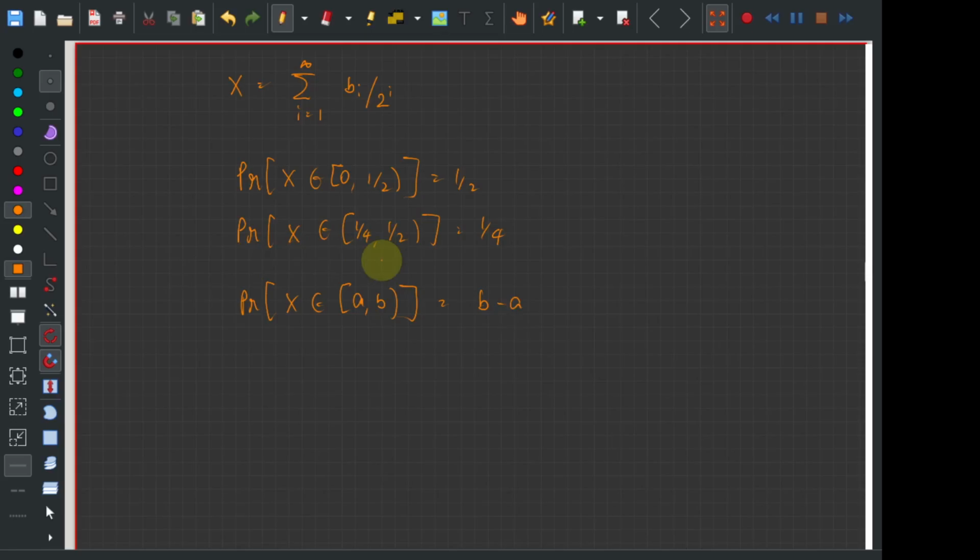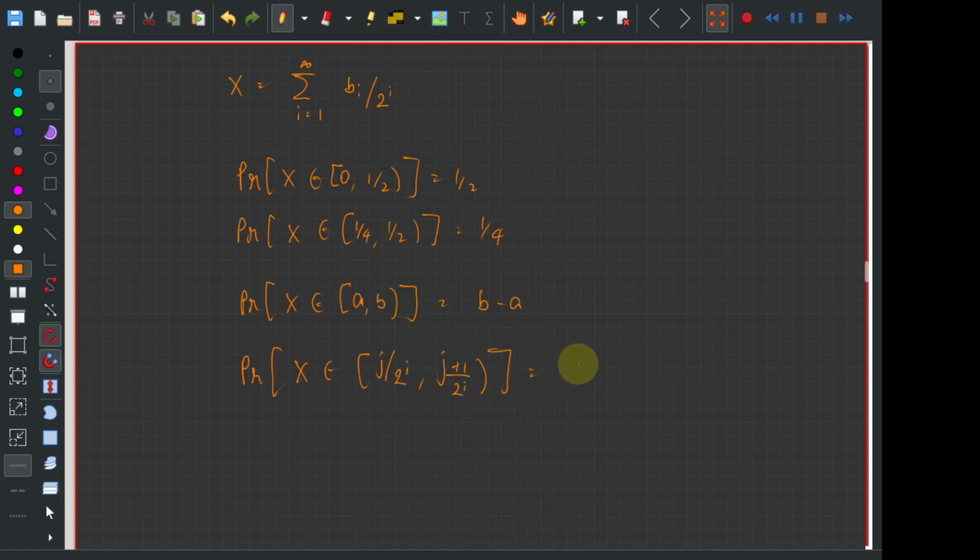Exactly. So suppose I take probability x in, let us say, j by 2 to the power i to j plus 1 by 2 to the power i. What would this probability be?